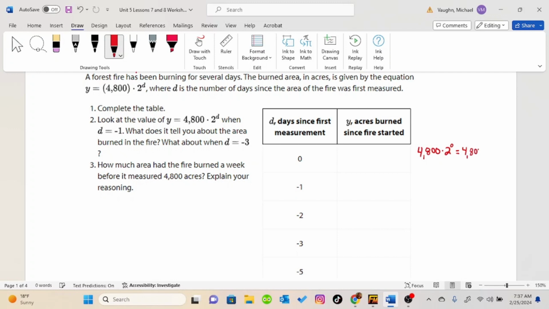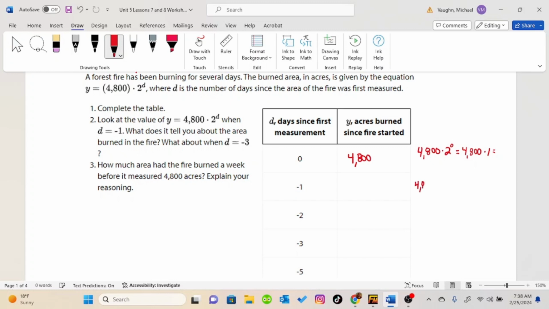So that's 4,800 times 1, which equals 4,800. And we also know that because in an exponential function, the number that is by itself is our y-intercept. This is our starting amount. So now we can go to the next box.